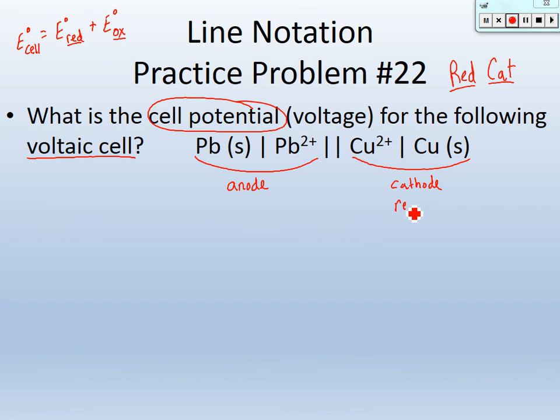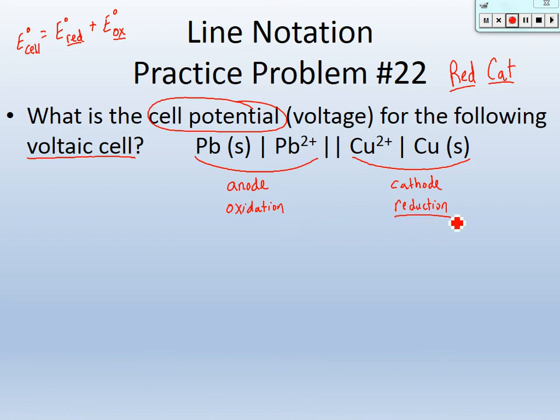So this is the reduction half reaction. This is our oxidation half reaction. Once we know that, we can use our reduction potential table to figure out the voltage of each half reaction. So let's do that now.